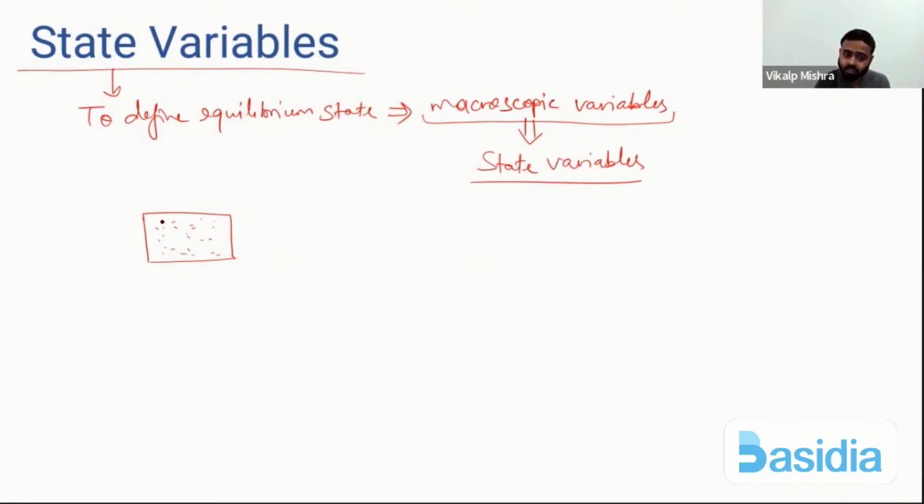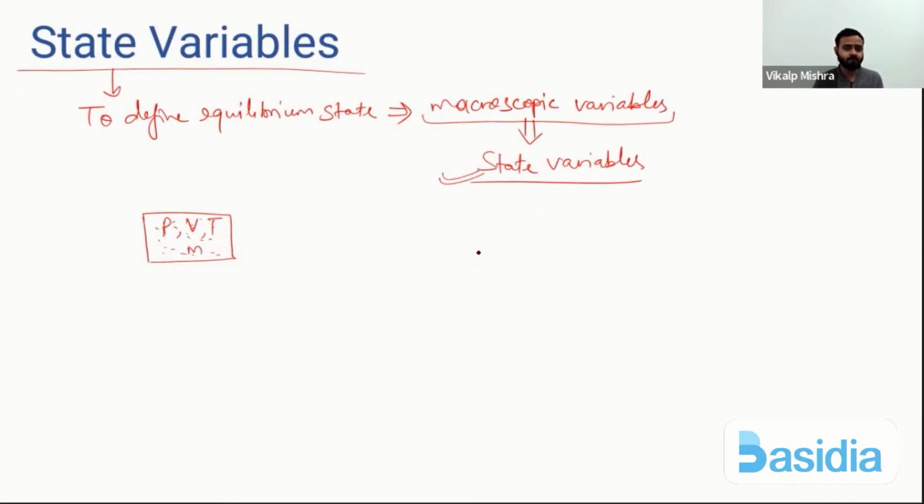Like it will have some fixed pressure, fixed volume, fixed temperature, fixed mass. So pressure, volume, temperature, mass. If the system is at equilibrium, then we can define a fixed pressure, a fixed volume, a fixed temperature. So P, V, T, M, these variables are known as state variables.